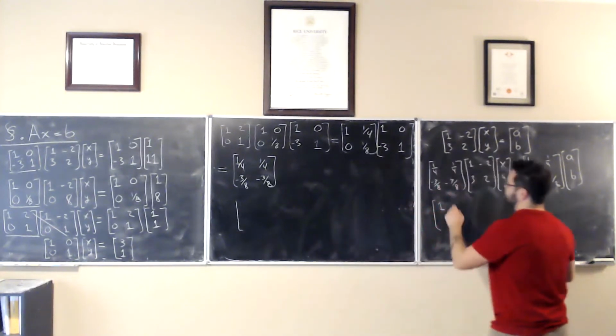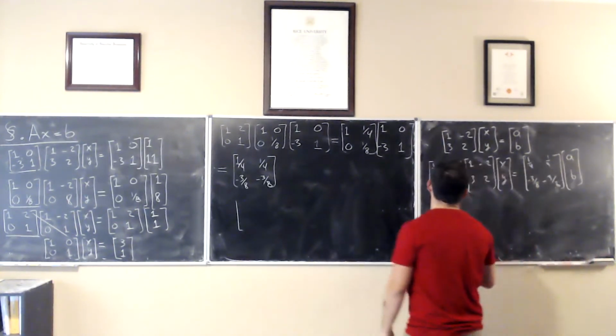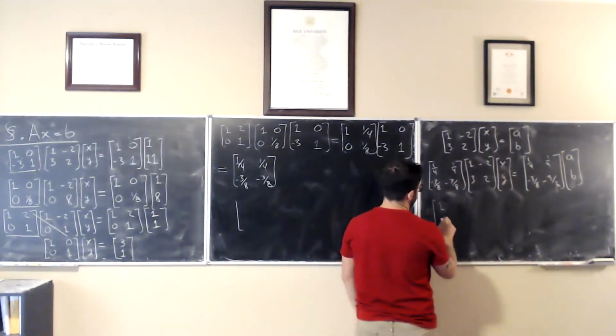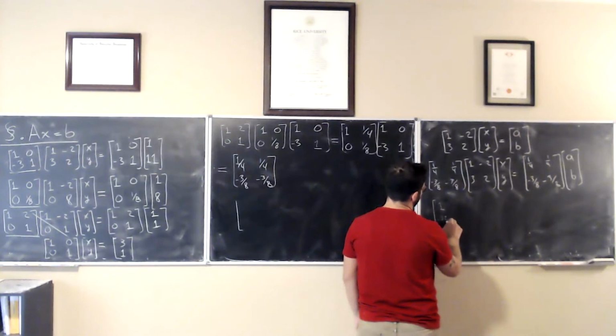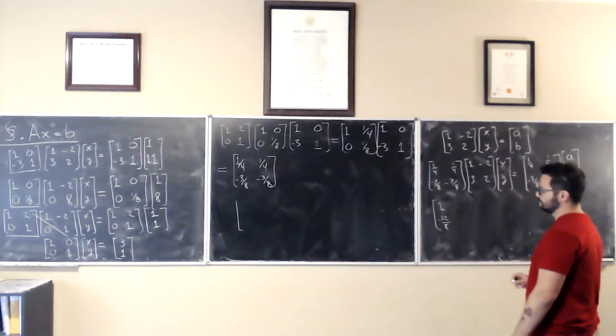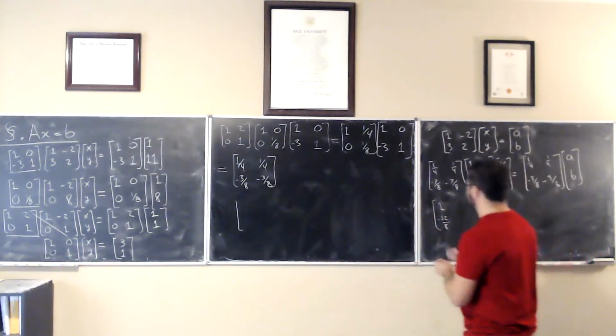And then -3/8 plus 3 times -3/8 is, what is it? -12/8. Oh, what is that? 2 times, so that'd be 3/2.